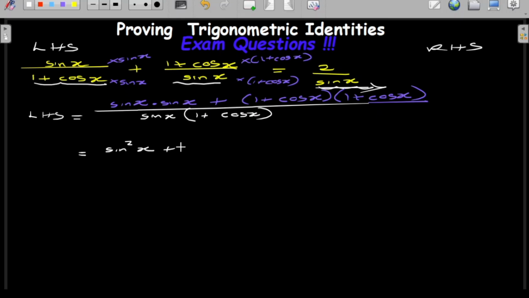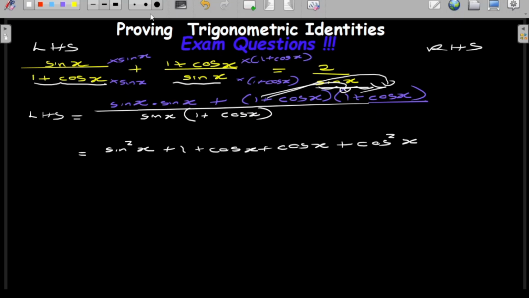So I'm going to multiply the two sines, and I'm going to get sine squared x, and I will use the FOIL method to remove the brackets of the 1 plus cos x times 1 plus cos x, and what I'm going to have is 1 plus cos x plus cos x plus cos squared x, right?